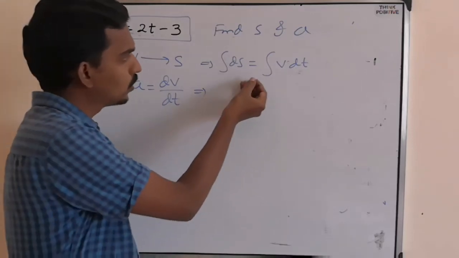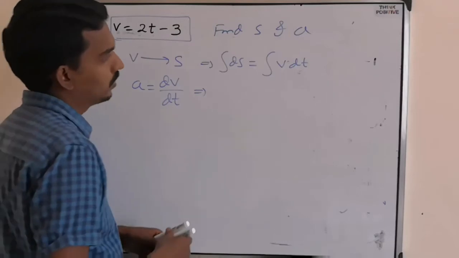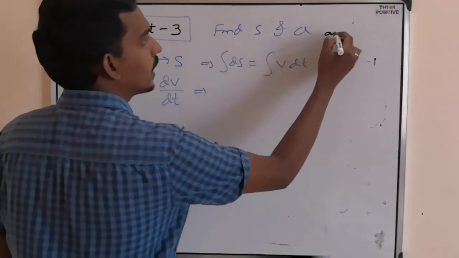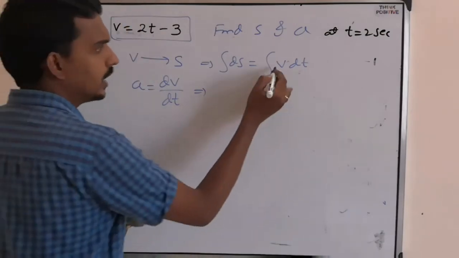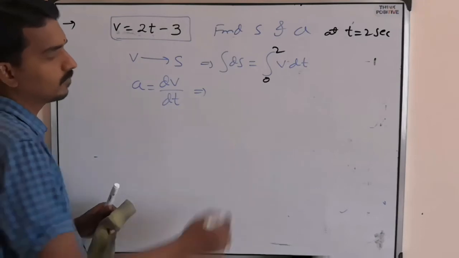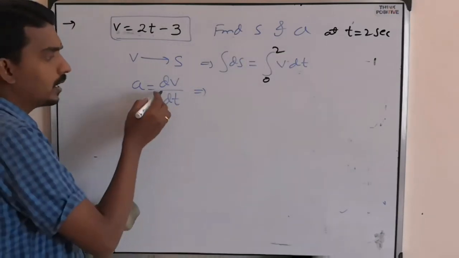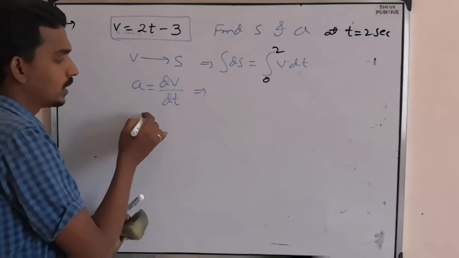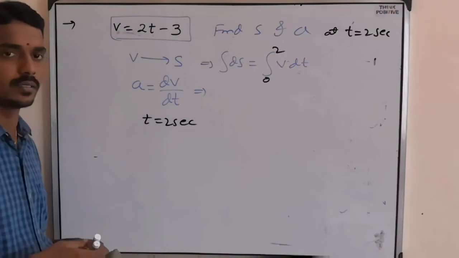But we have learned how to do integration and differentiation, right? So here they will mention, like, at t equal to 2 seconds. Then here you will take the limits 0 to 2. And here, after differentiating, you will substitute time as t equal to 2 seconds.